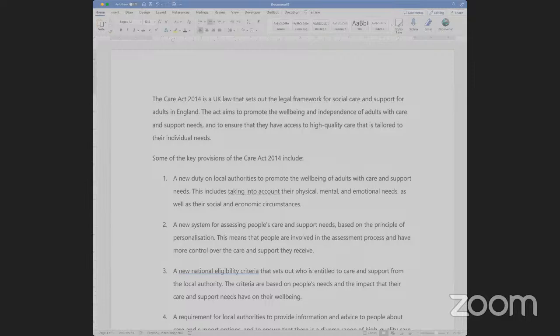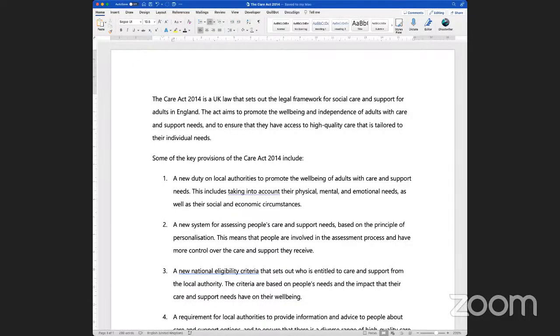So this will be labeled as Care Act of 2014. So we've looked at two in particular, the Health and Social Care Act of 2012, and then we've looked at the details of the Care Act of 2014.